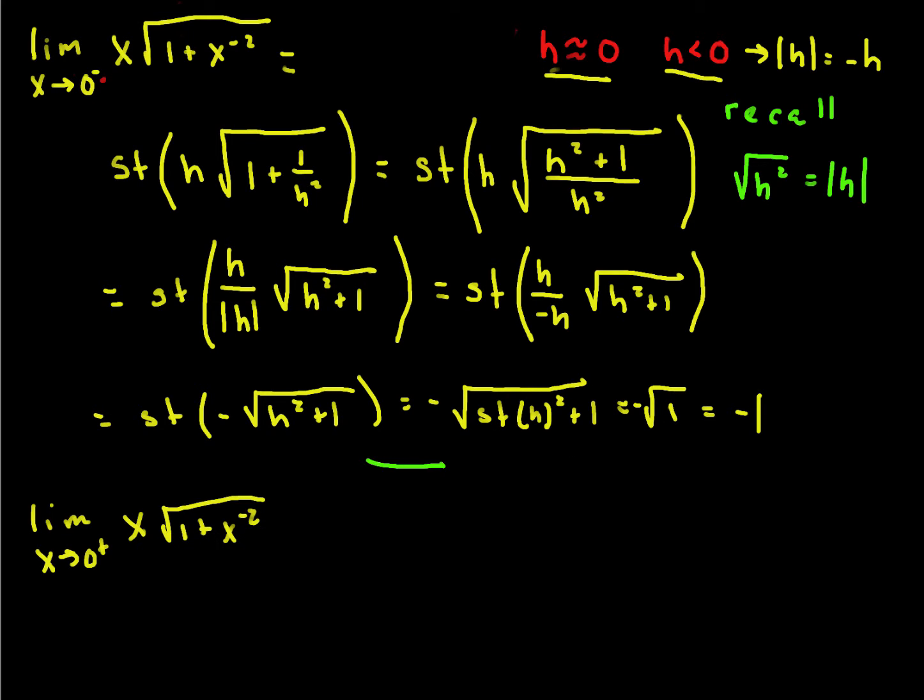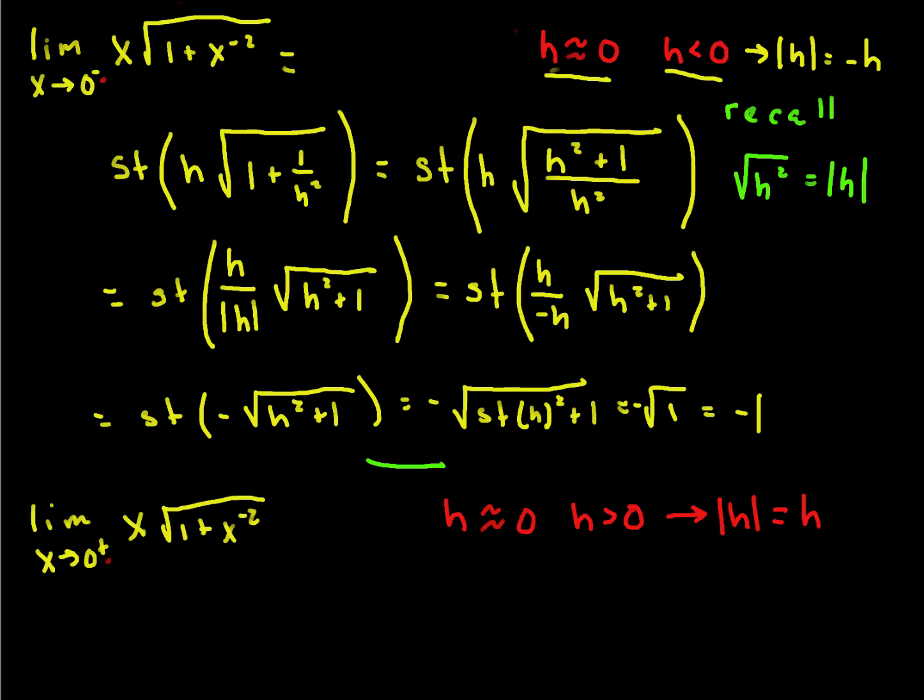Now, instead of h being negative, this positive there tells me that h is infinitely close to 0, but h will be greater than 0. And we've kind of been through this problem already, so we know this is going to show up, so we remind ourselves that the absolute value of h then is just equal to h.